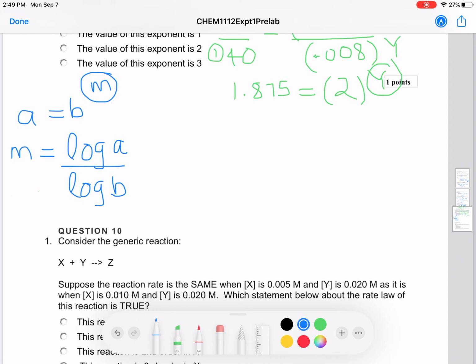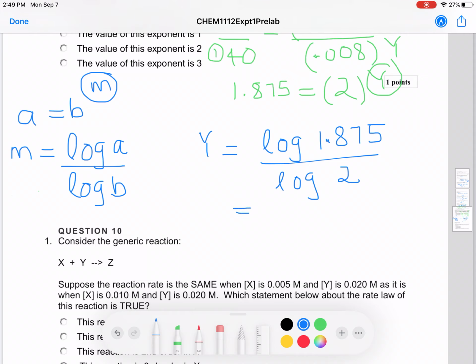Similarly, we want to find what y is. So y equals log 1.875 over log 2. Log 1.875 over log 2 would be something like 0.273 over 0.301.